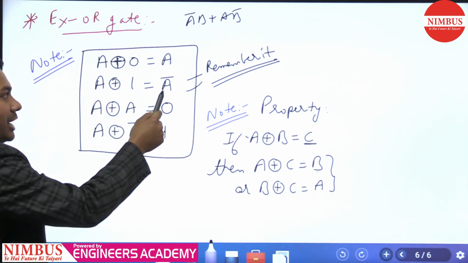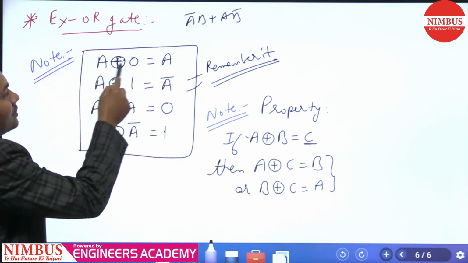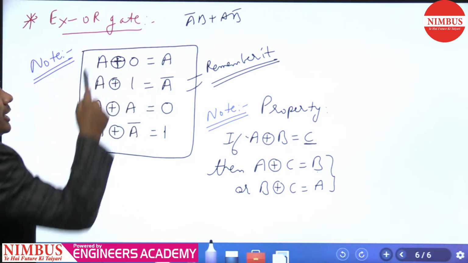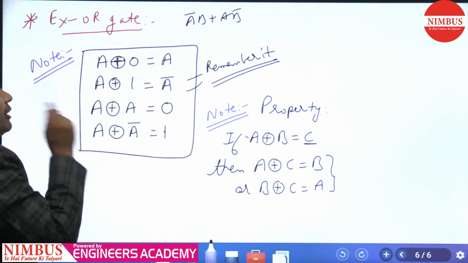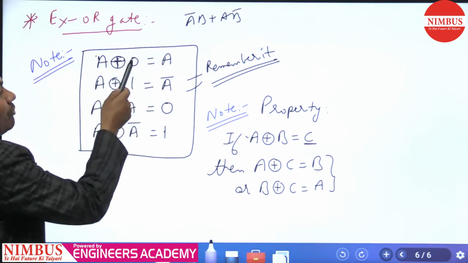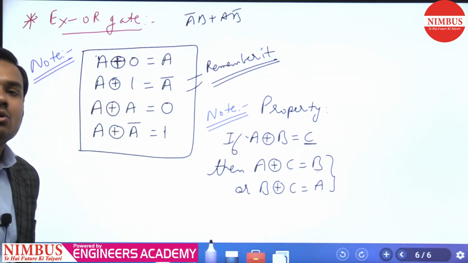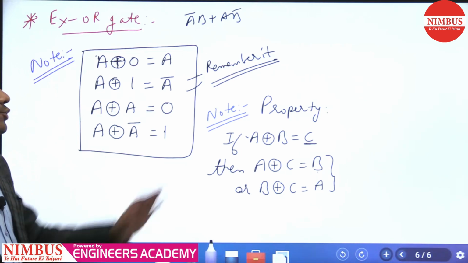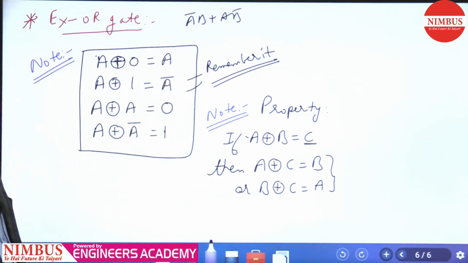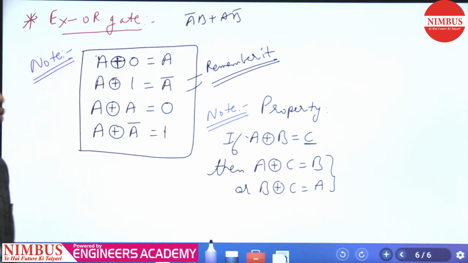If we perform A XOR 0, that is equal to A. When we have A XOR A, then the output will be 0. It is also the same. So in this way, this property follows that if A XOR B is equal to C, then A XOR C is equal to B, or B XOR C is equal to A.